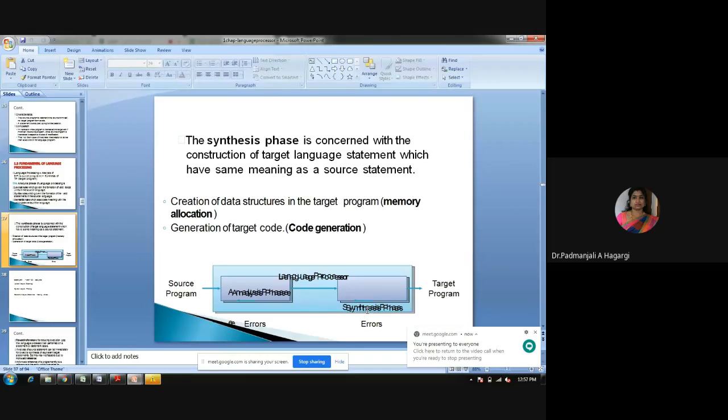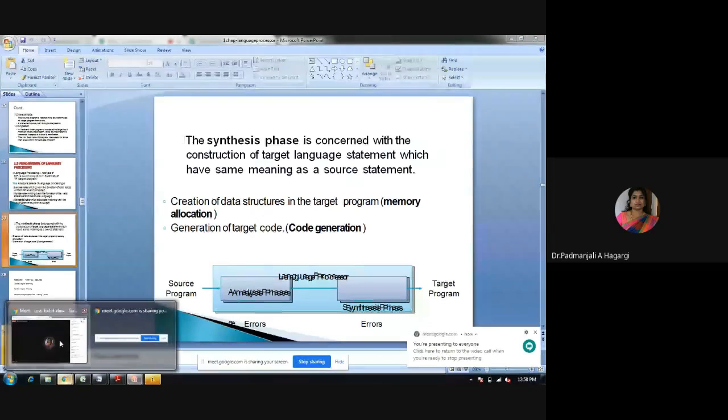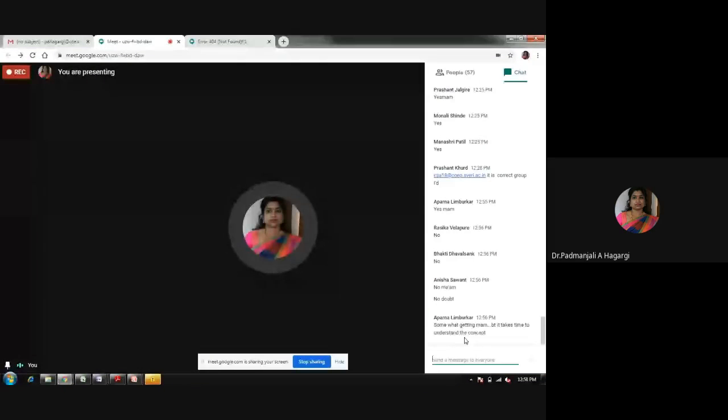See, any language you cannot simply execute. It goes through its internal processing states. Those internal processing states are nothing but lexical analysis, syntax analysis, and semantic analysis, which means checking the syntax and going on to generation of the executable code.